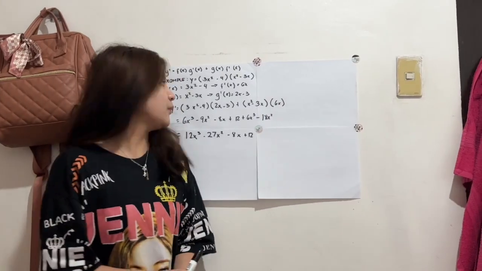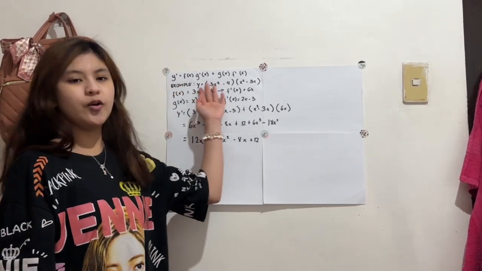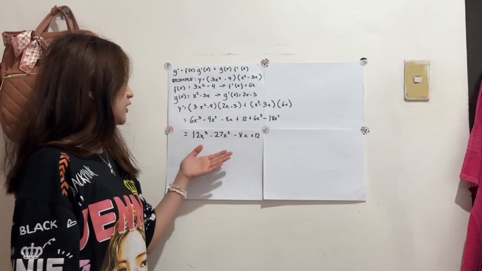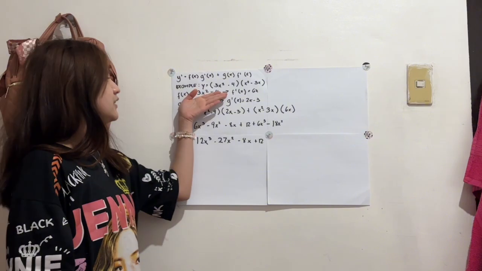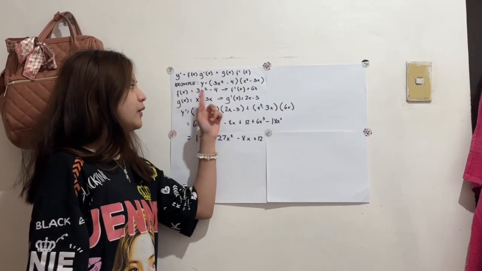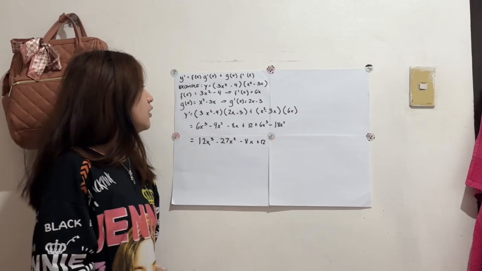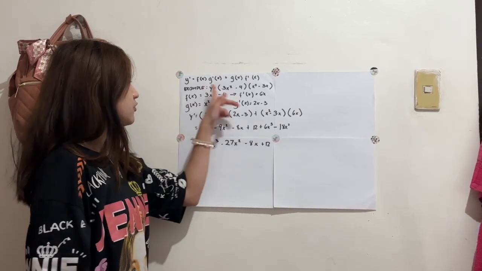And then, as you can see, this is the formula that we're going to use in order to get the answer for this equation. So first, this is our example, which is 3x squared minus 4 times x squared minus 3x. So, we have to get the derivative of this factor muna.